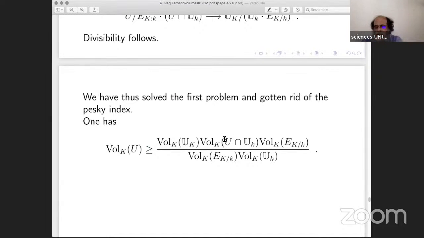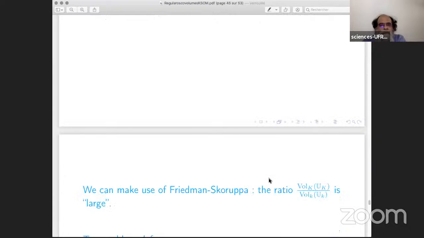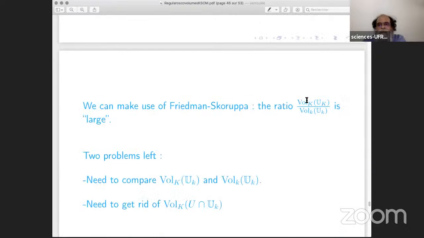It was the second issue that we faced. Times the volume of the relative units, which divides and nicely cancels out, and divided by the volume of capital K of UK. So you have this number that you don't control and this quotient that comes in.